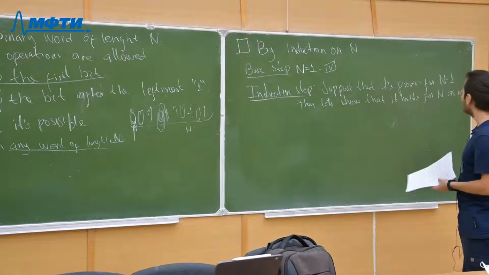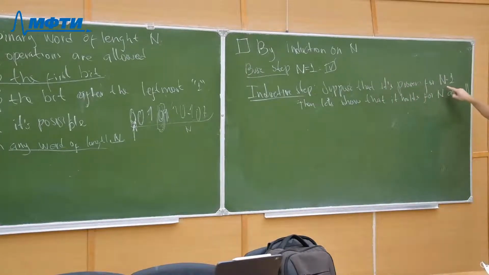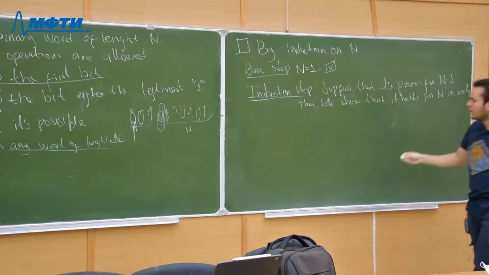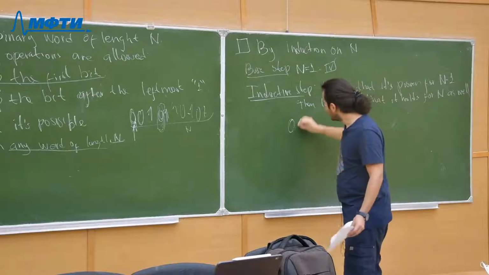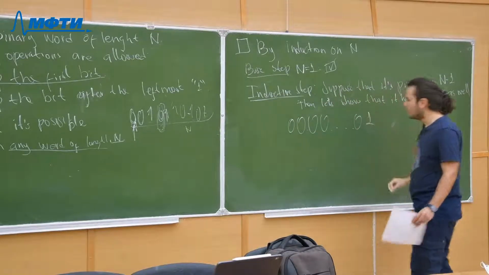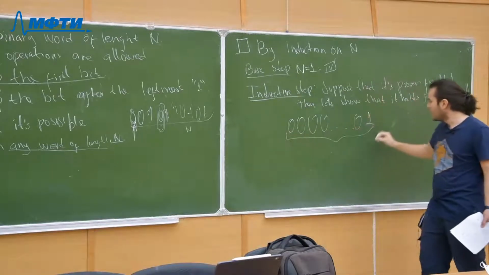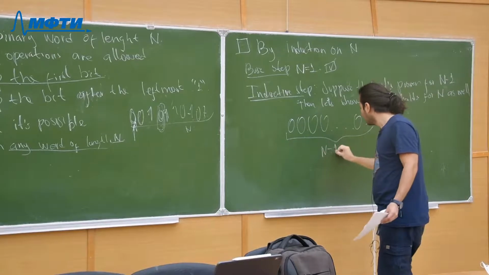And we are going to do the following. Since we can obtain any word of length n minus 1, then let's get the following word: 0, 0, 0, 0, 0, and 1. We can obtain this if this is of length n minus 1, right?